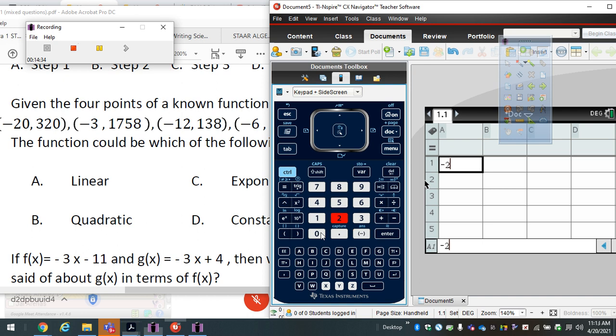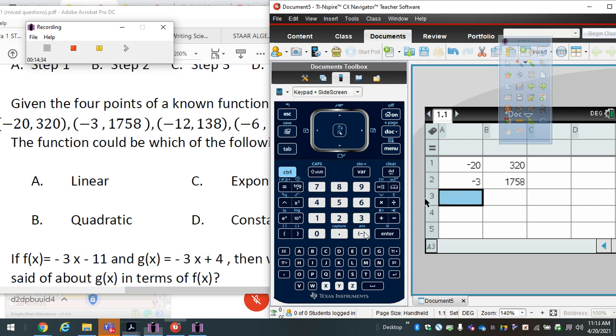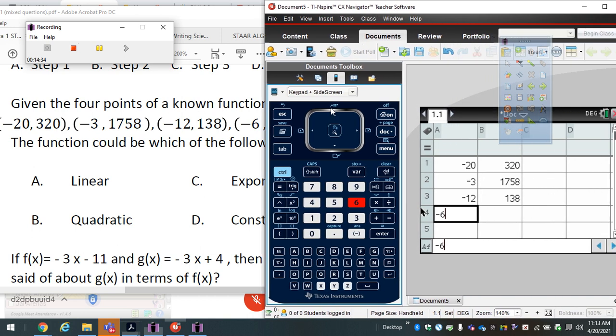Here, negative 20, and then 320. Over here, negative 3, 1758. Over here, negative 12, 138. Over here, negative 6, 1002.